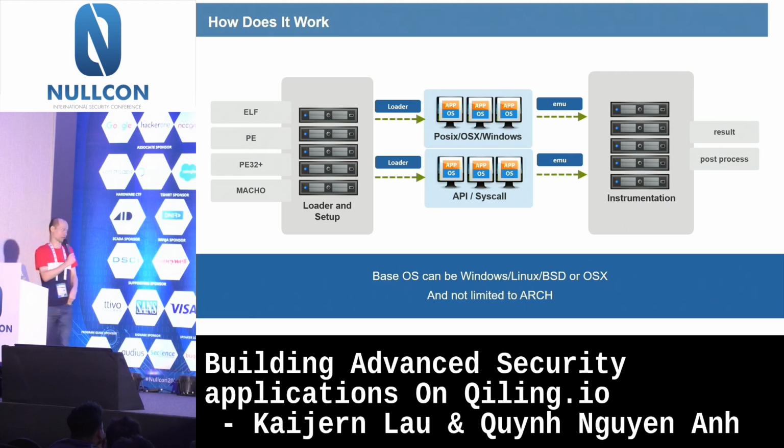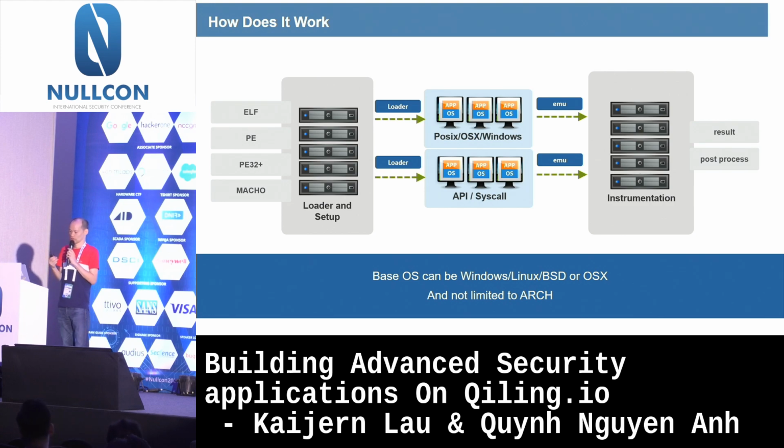Here is a full diagram, which is quite similar to the shellcode emulator. The difference is that the input is not only raw shellcode, but we support a full program. As the input, we have Linux binary, BSD binary, Windows binary, Windows 64-bit, and macOS binary.